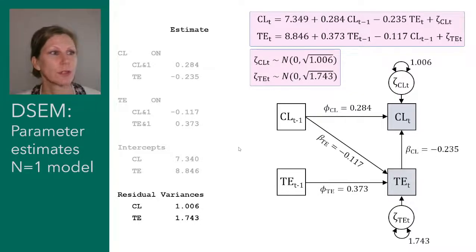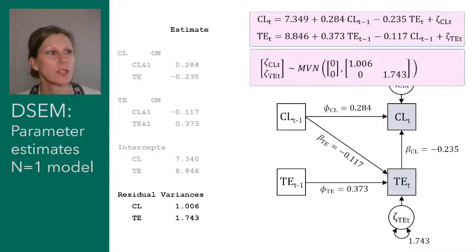The other way to do it would be to say that these residuals actually come from a multivariate normal distribution. So not two separate normal distributions, but one multivariate normal distribution with a vector of zeros as the mean vector, and then this as the covariance matrix. So now we really do need the variances here. They are on the diagonal.